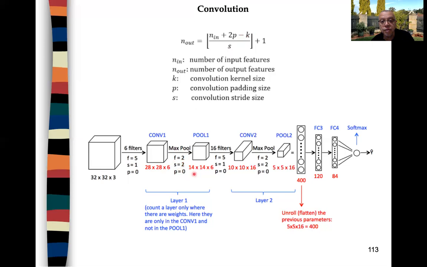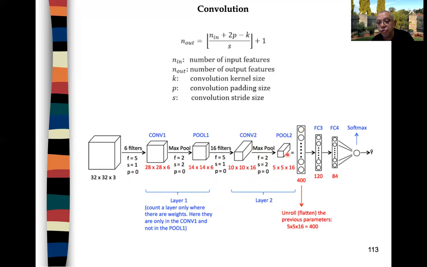So 13 plus 1, so that gives you 14, and so on. And then you would see that this is your input, number of filters, so you know how to find for each layer the output.